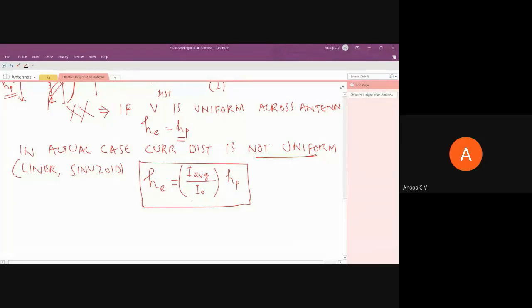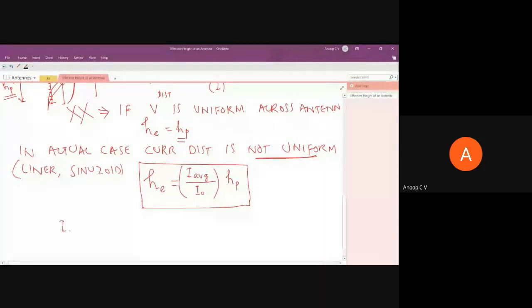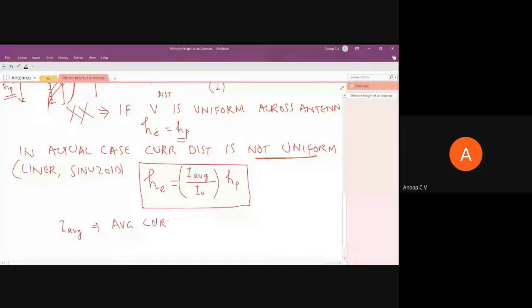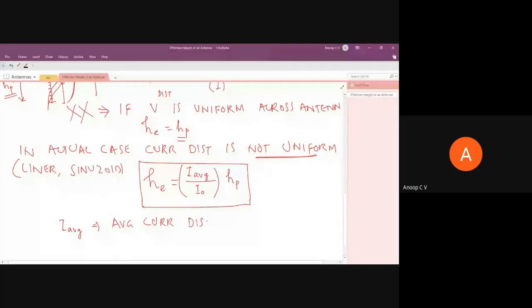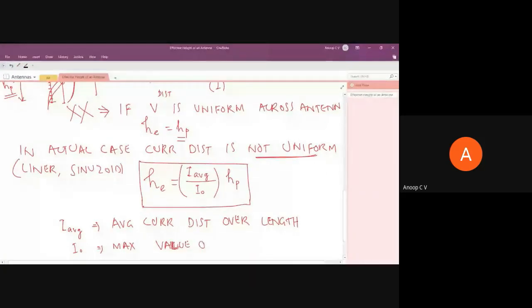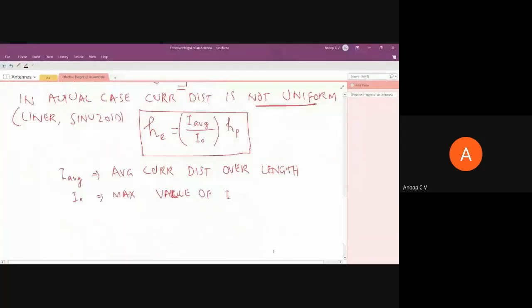This I average is the average current distribution over the length. Then I naught is the maximum value of current. With I average by I naught, you are dividing the average value by the maximum value.